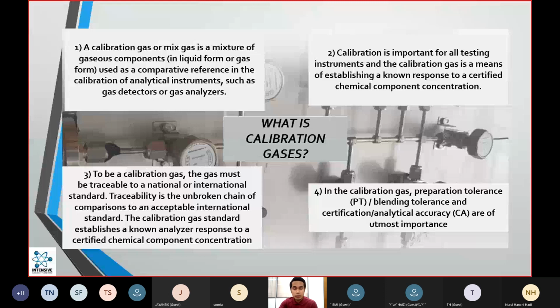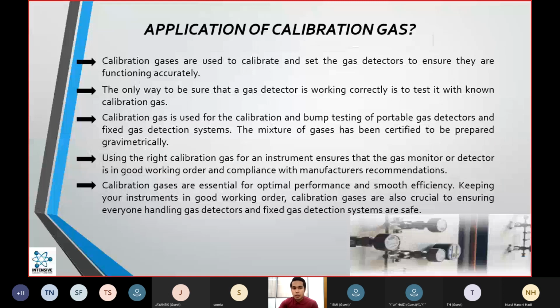Next slide. Okay, what is the application of this calibration gas? Calibration gas is used to calibrate and set the gas detectors to ensure they are functioning accurately. The only way to be sure that a gas detector is working correctly is to test it with calibration gas.